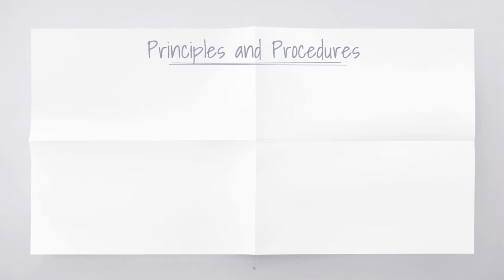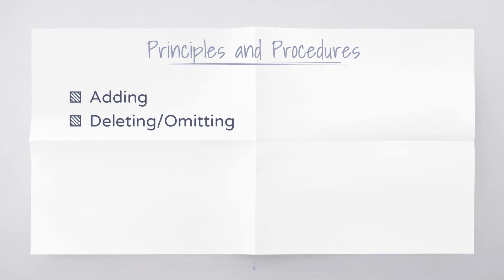There are some principles and procedures of adapting teaching materials. We have adding, which implies that materials are supplemented by putting more into them. We have deleting, which is the opposite process to that of addition and usually work together because material may be taken out and then replaced with something else.